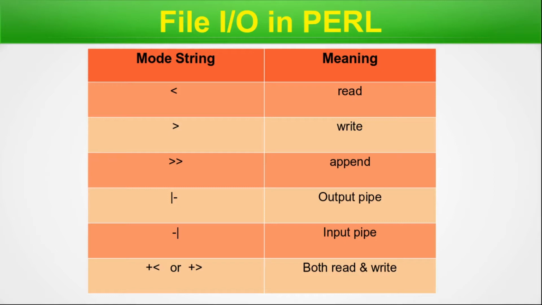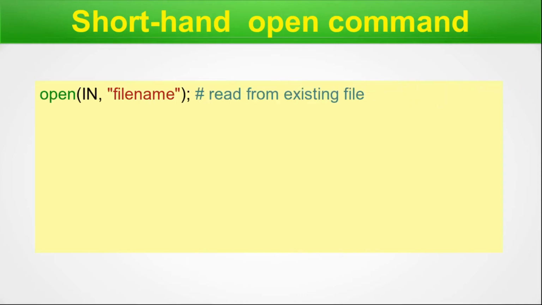Okay, let's go to the next section. Shorthand open command. Let's see how we use open. Generally we write open and then in, because we are reading an input file here, and that's why I'm using the convention in, then the file name, read from existing file.